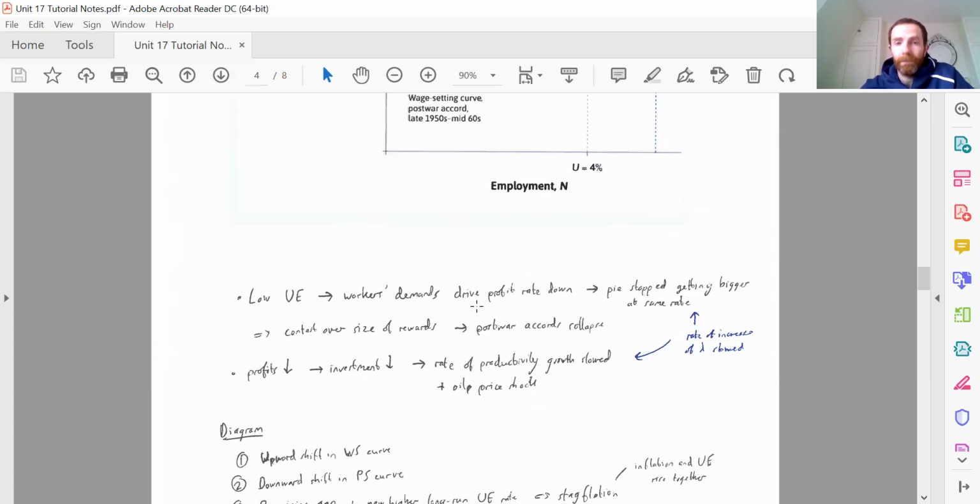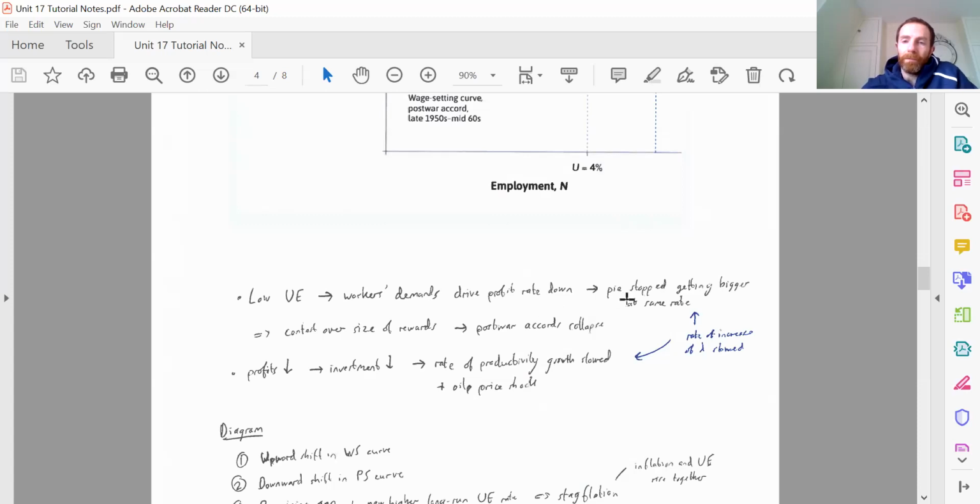Because this increased demand from workers decreased the amount of profit that firms were making, and that led to lower levels of investment, and lower levels of investment led to the rate of productivity growth slowing. So that increase in lambda was still an increase, but it was getting slower and slower, and it wasn't going up as fast as demands from workers.